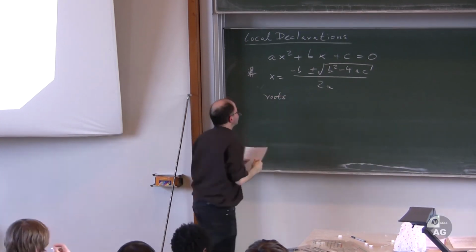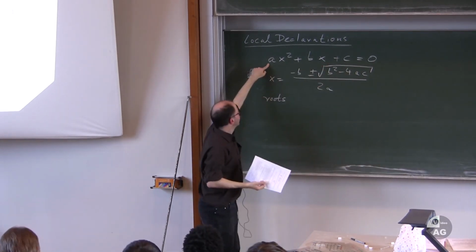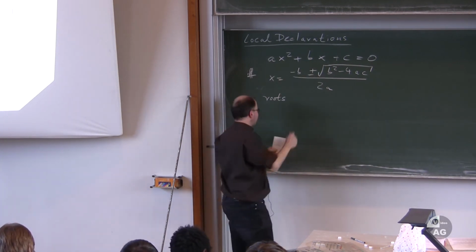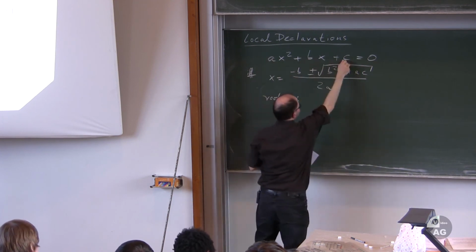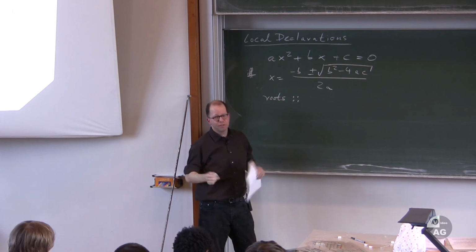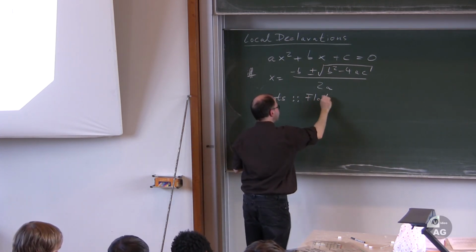OK, so let's write a Haskell program which computes this. I call this roots because it has to compute the roots of this polynomial here, so those values for x where this polynomial becomes 0. So roots takes as input the value of a, the value of b, and the value of c. And as a result, it gives me the possibly two roots of this polynomial. Let's say these are all floats.